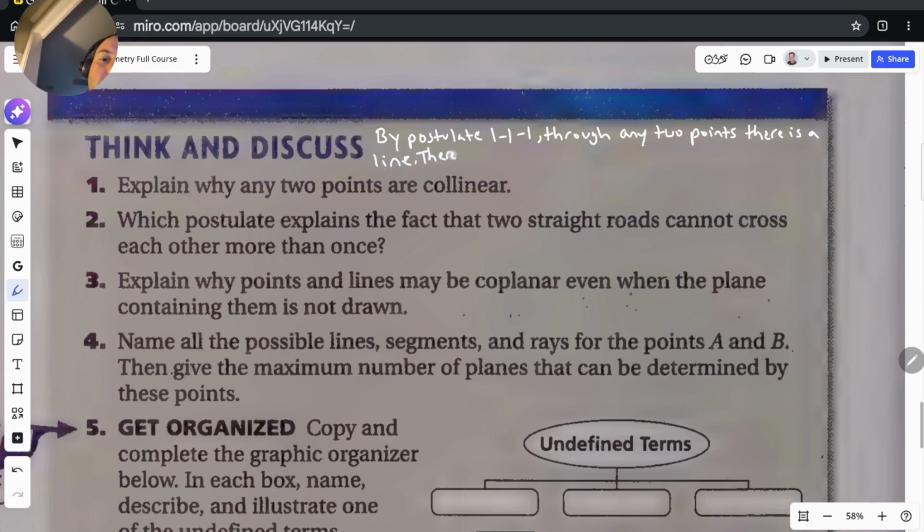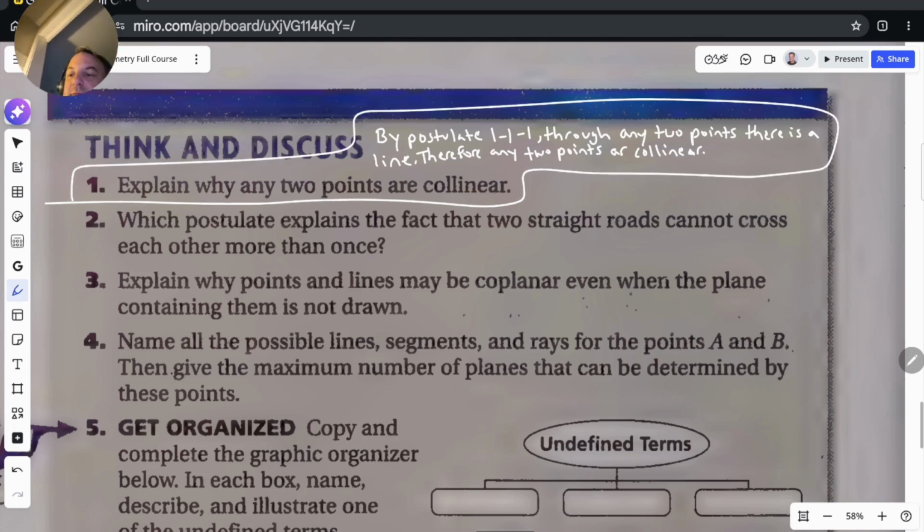Therefore, any 2 points are collinear. It has 2 L's. There we go. There's our answer for number 1.